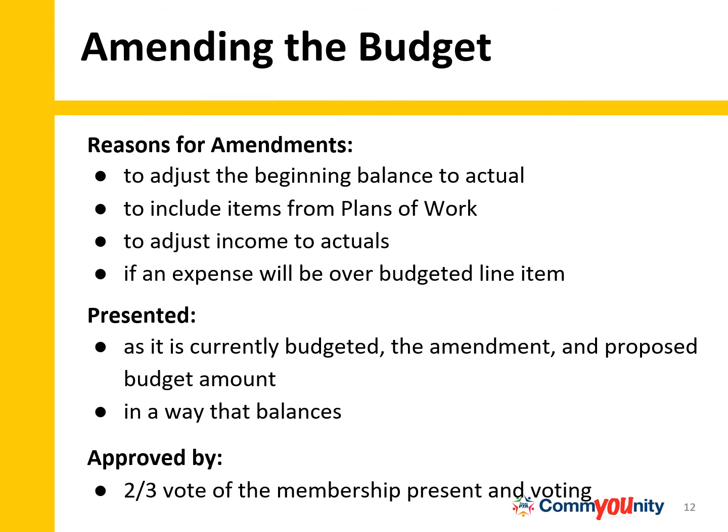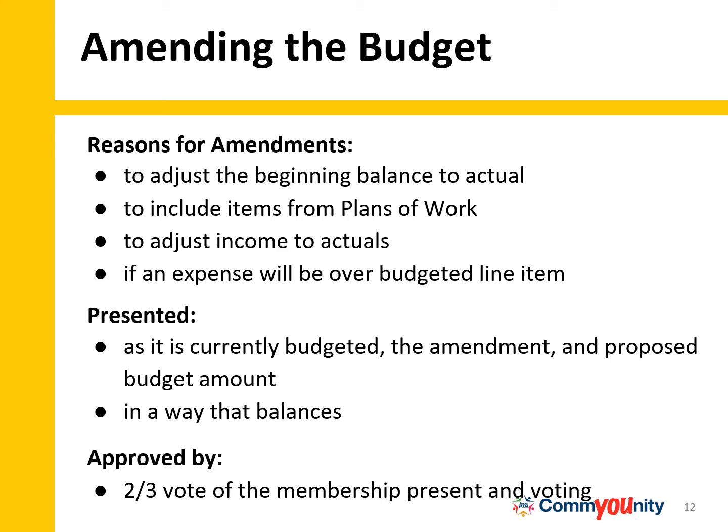Since the adopted budget is an estimate of the planned income and expenses for the year that was approved by membership in the previous year, amendments are likely to be necessary during the year. At a minimum, an adjustment to the estimated beginning balance will likely be necessary to reflect the actual beginning balance, which will result in an amendment to an income or expense line item or an adjustment to the cash balance forward.